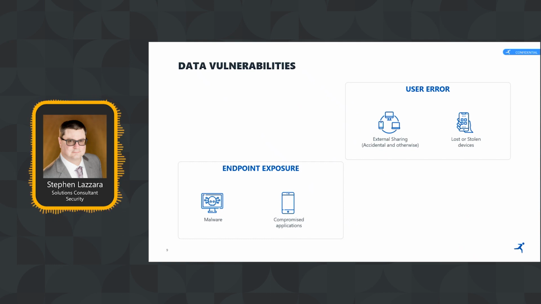You've got user error, inadvertently losing your phone, inadvertently losing your laptop, accidentally sharing something that you weren't expecting to when you're doing, say, a shared workstation or even a shared support session with a vendor support team. These are all different threats that exist today and are vulnerable points.